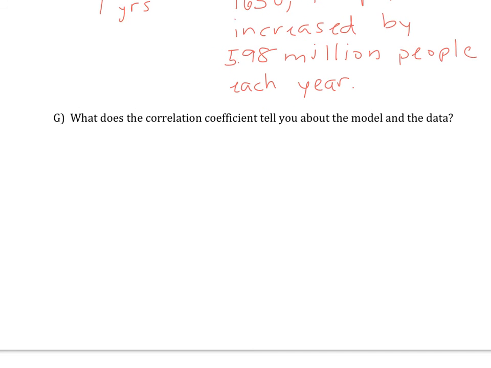Finally, what does the correlation coefficient tell you about the model and the data? Well, remember our correlation coefficient is 0.9150. And since this is close to 1, okay, it tells us that it's a good line of best fit. It represents our data well.